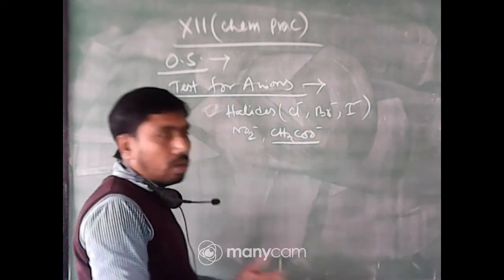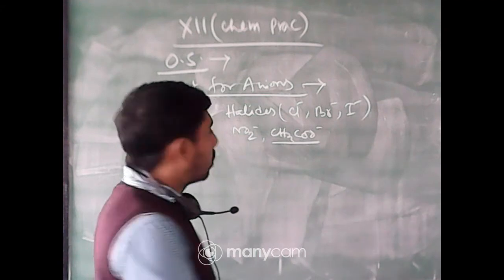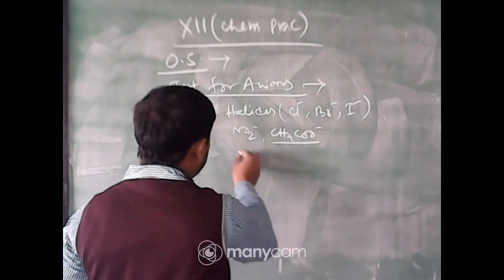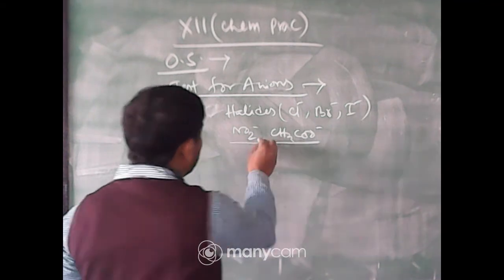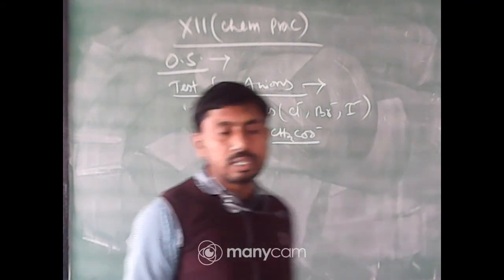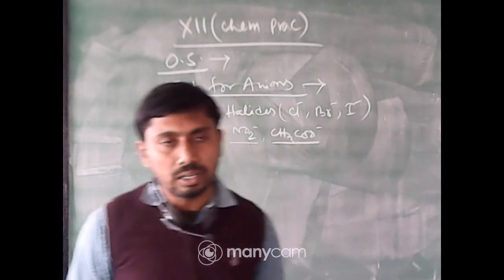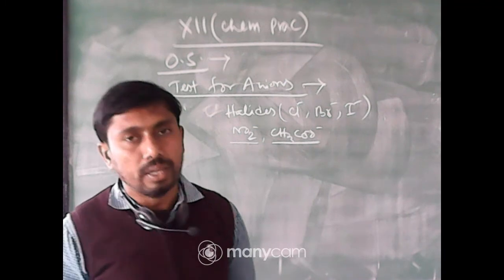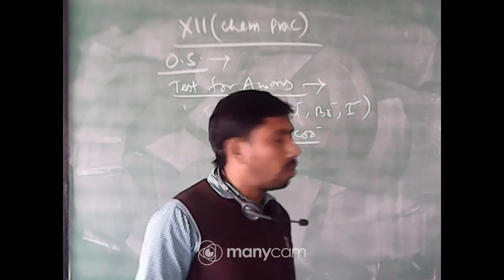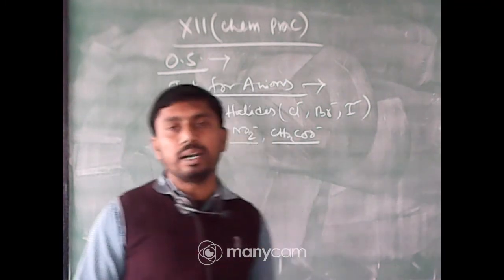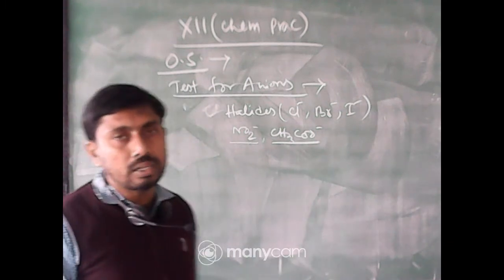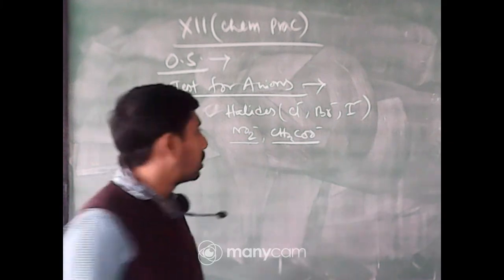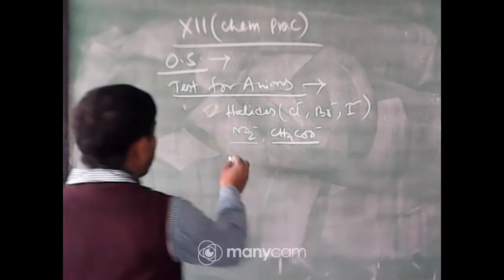When you treat it with a base, it gives the smell of acetic acid, that is vinegar. Nitrate also responds in the concentrated sulfuric acid test. With concentrated sulfuric acid only, if brown vapor comes, then it is nitrite, NO2 minus. But if the brown vapor comes after the addition of copper turnings, then it is nitrate. So these are the differences.